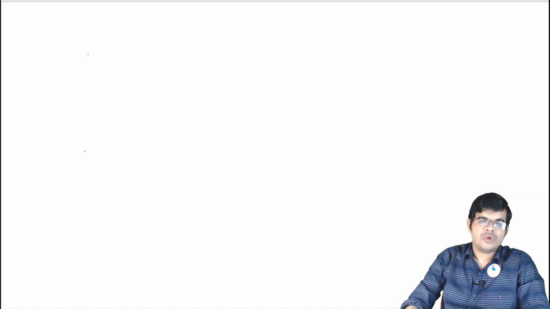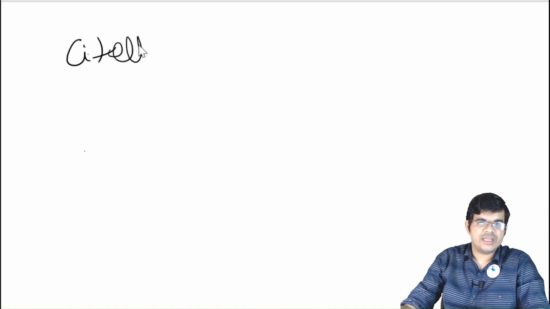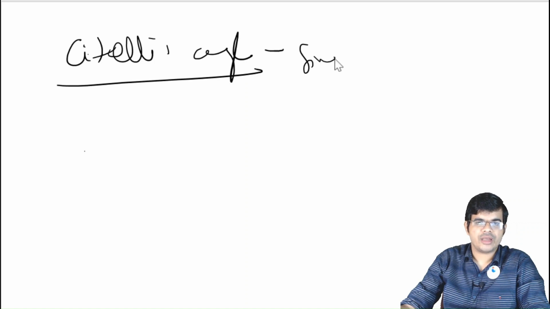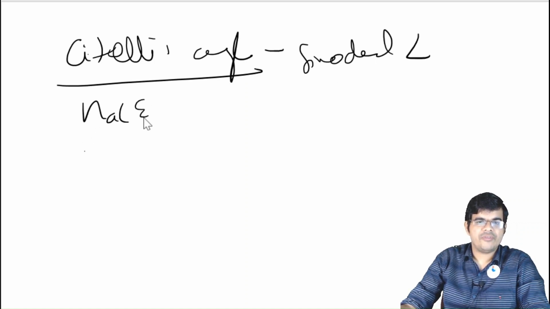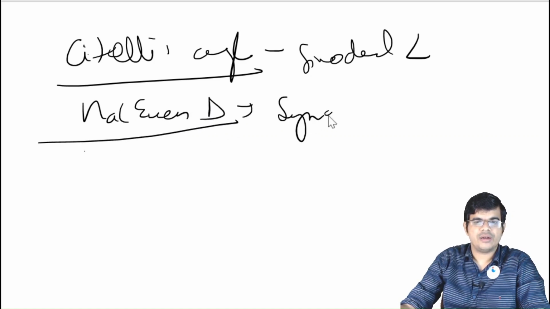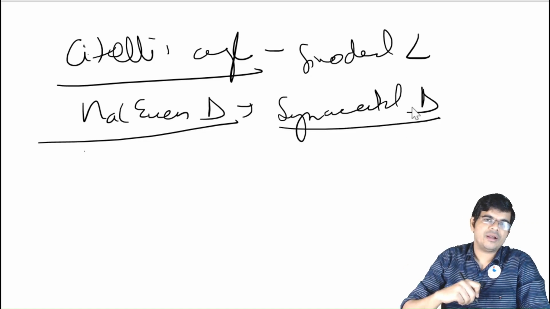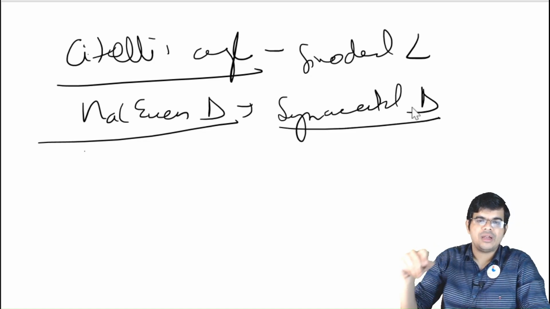So you have learned about some new things. What are they? We learned that Citelli's angle is called the sinodural angle. We learned about McEwen's triangle, which is the same as the suprameatal triangle. Why is it called the suprameatal triangle?